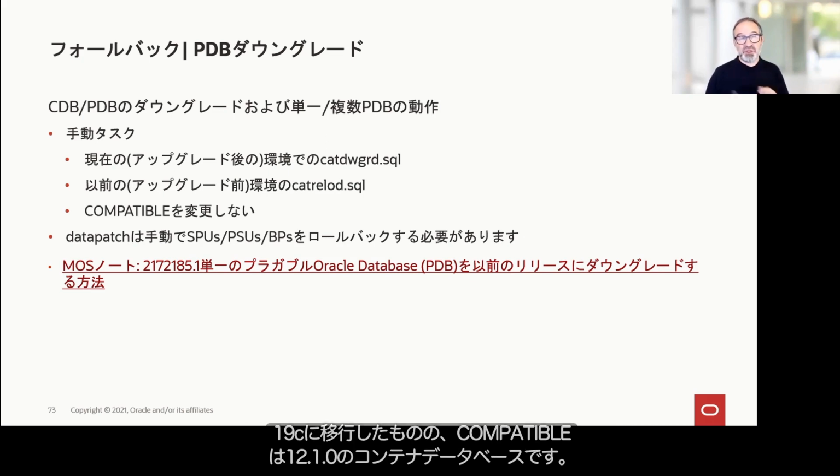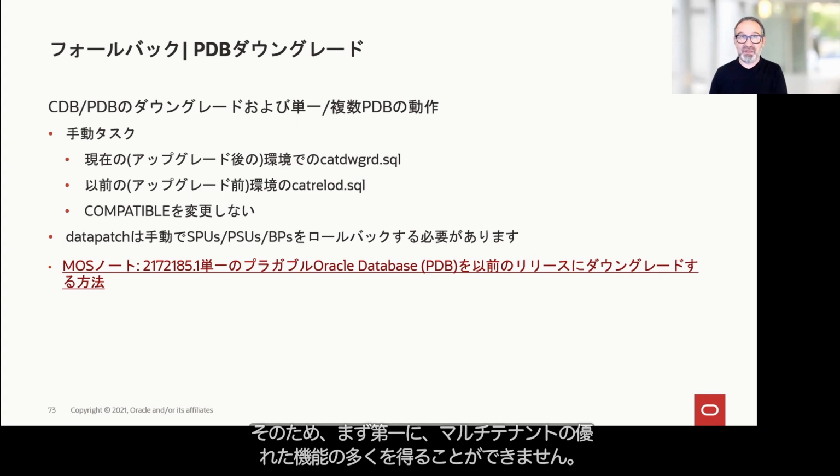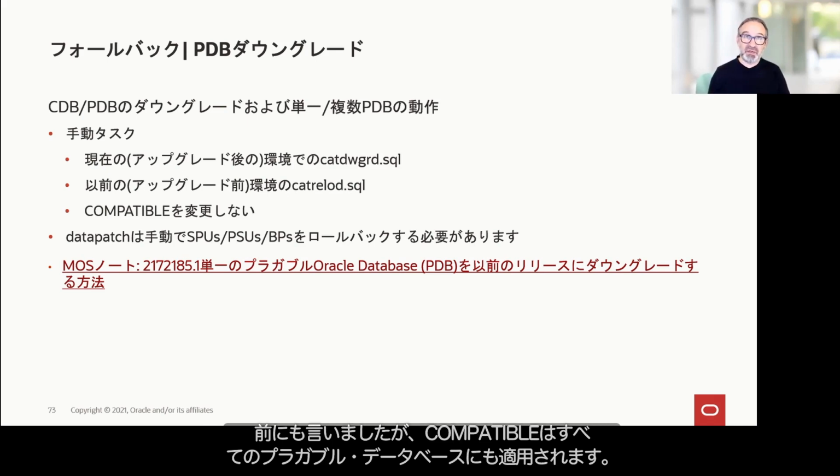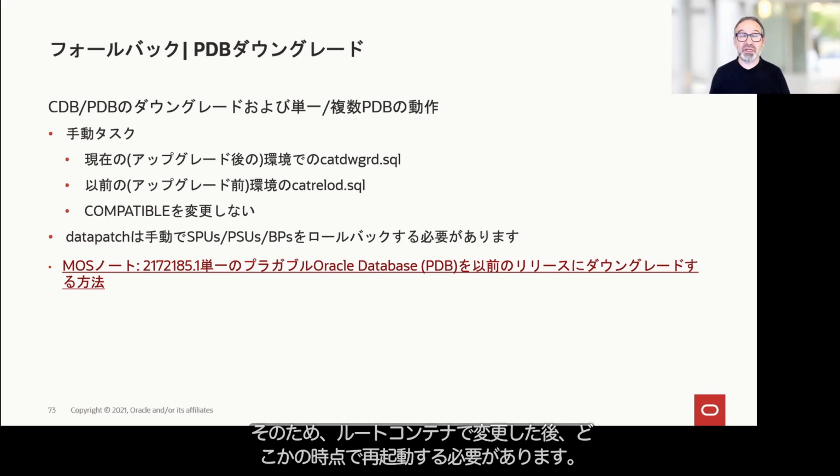You have a container database with compatible 12.1.0 after going to 19c. So first of all, this will not give you many of the good multi-tenant features. And second, you will need extra downtime at some point to change compatible. As we said before, compatible applies to all the pluggable databases as well. So you need to change it in the root container and then restart at some point.